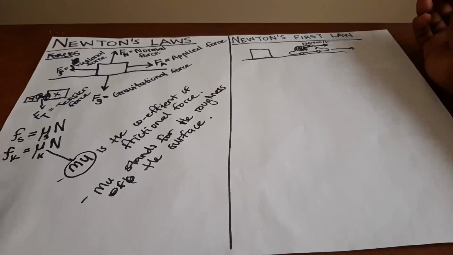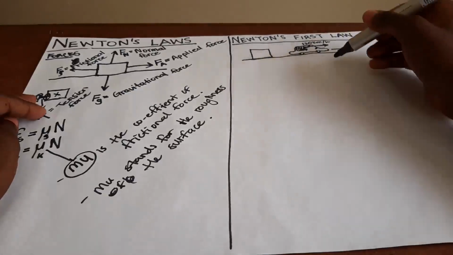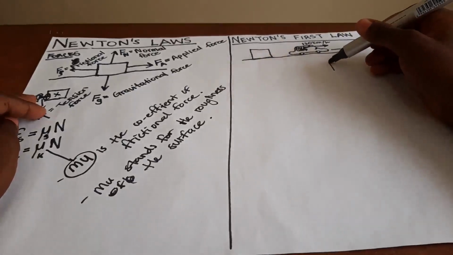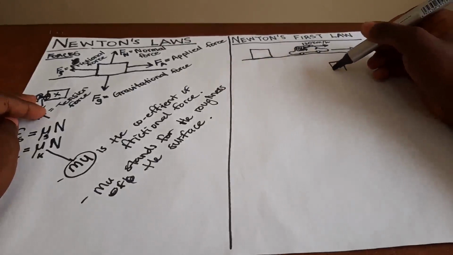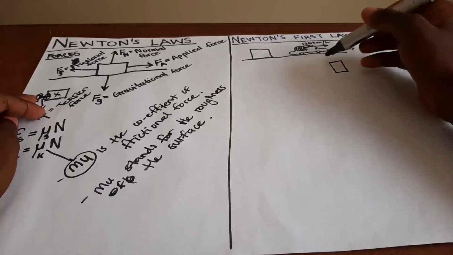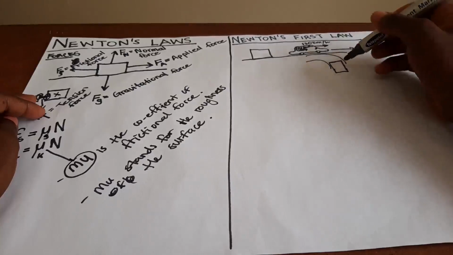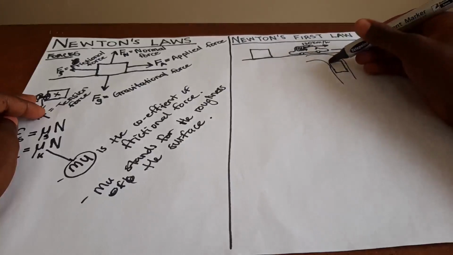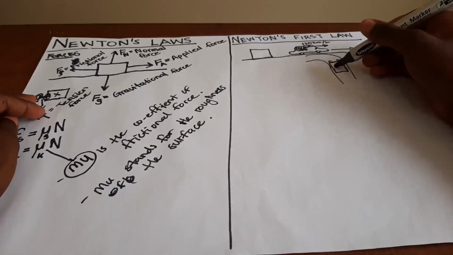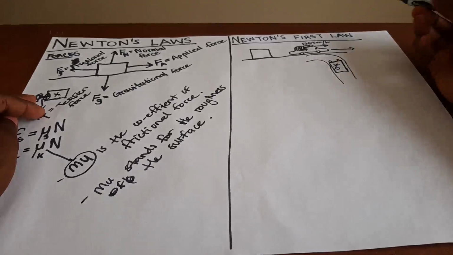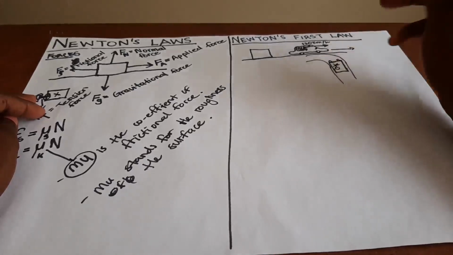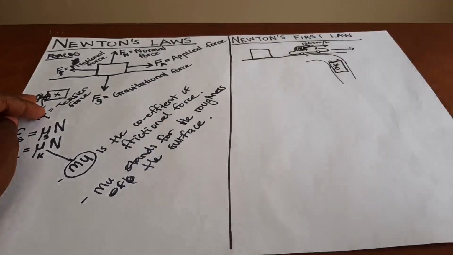So again, let's say this is a car, and I'm just going to draw the top view of the car. It's turning here. This is the road, this is the car, and you're here as a passenger.